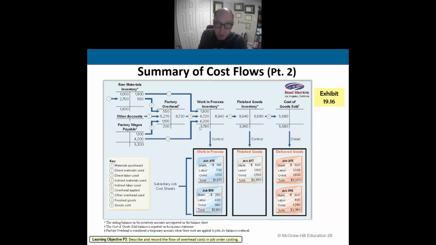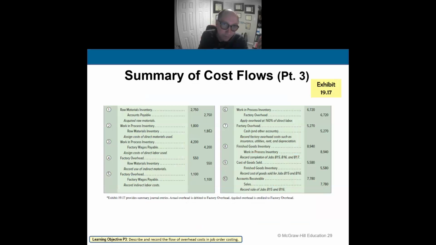And this is a terrible slide, but I'm just showing you, this is showing us the physical flow of the cost, kind of like what we talked about earlier. Based on the physical flow of the cost, this is showing the journal entries that are made, the physical flow of the inventory.